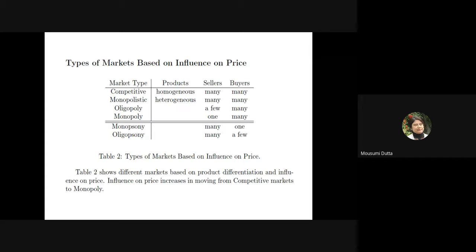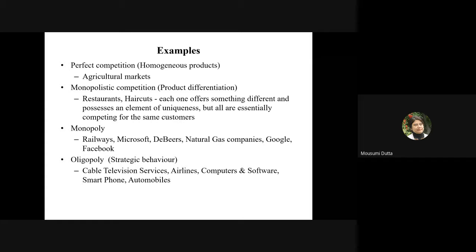I'm giving you some examples: Railways, Microsoft, De Beers in case of diamonds, natural gas companies, Google, Facebook, WhatsApp. I hope everybody is aware of Microsoft.